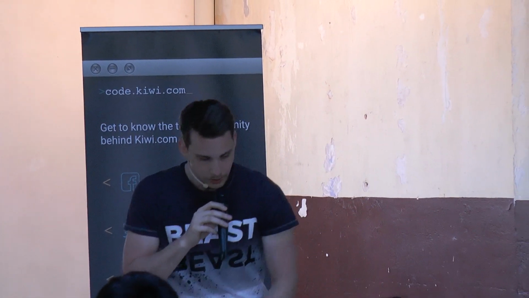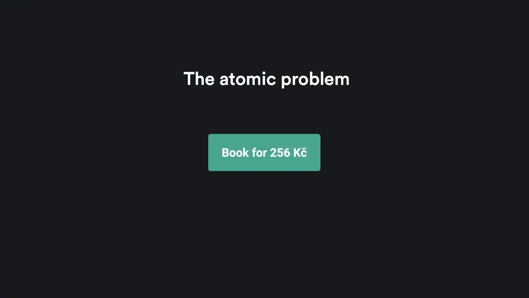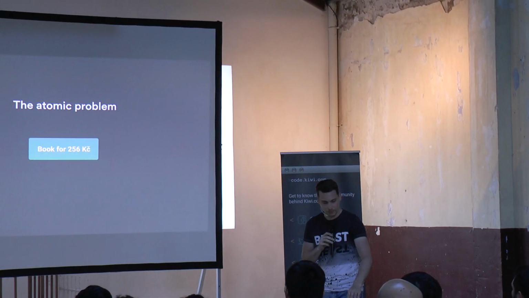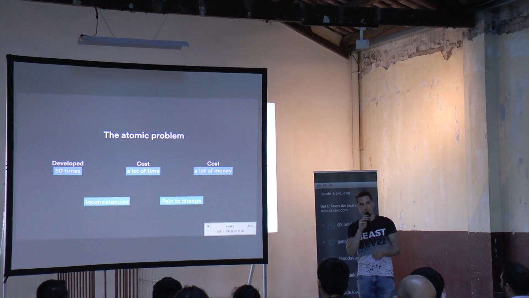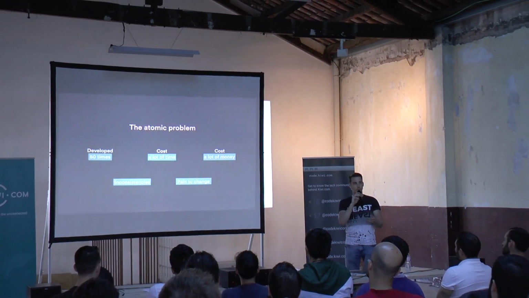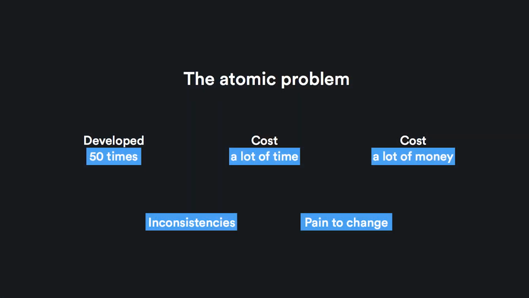Also, back then, we had an atomic problem, because every component was developed many times, and the button, like the most atomic component, is the living proof. Why? Because the button was developed 50 times. It cost a lot of money and a lot of time for developers. There were inconsistencies between design and the front-end platform. And also it was a pain to make visual changes.